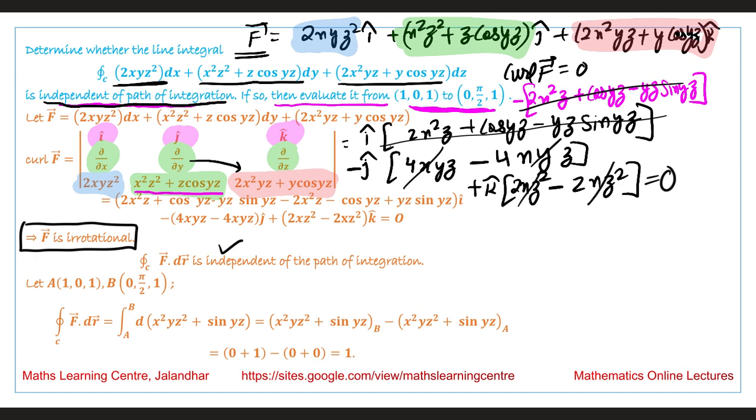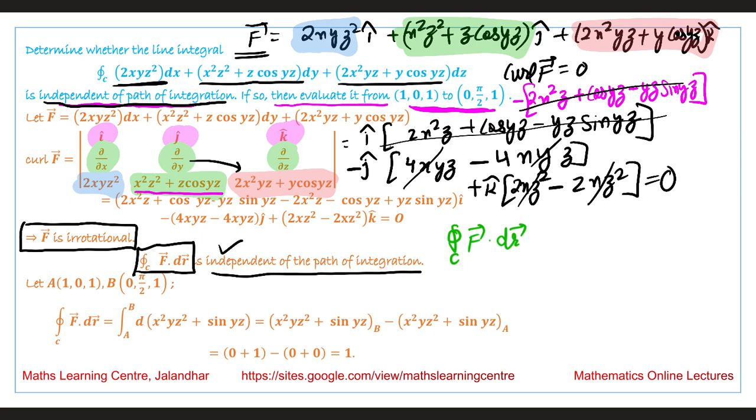That is, the closed integral over the curve C of F vector dot dr vector is independent of the path of integration. Now to evaluate this integral, we are integrating over C F vector dot dr vector.